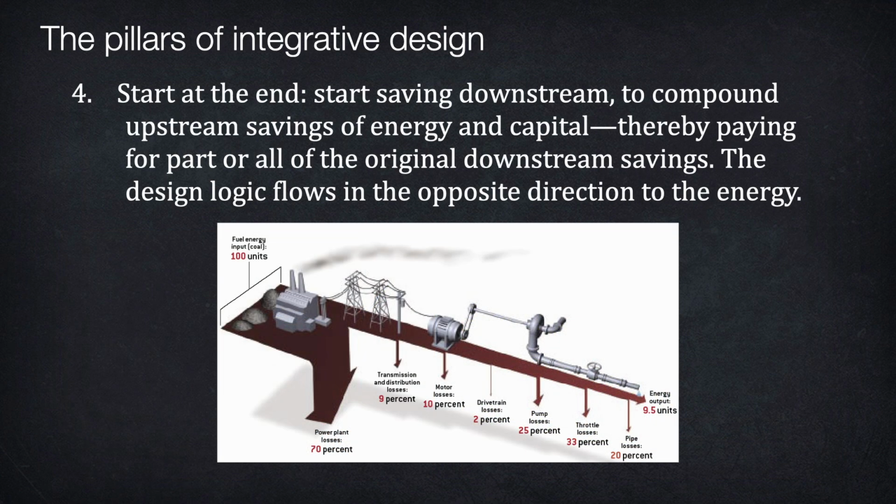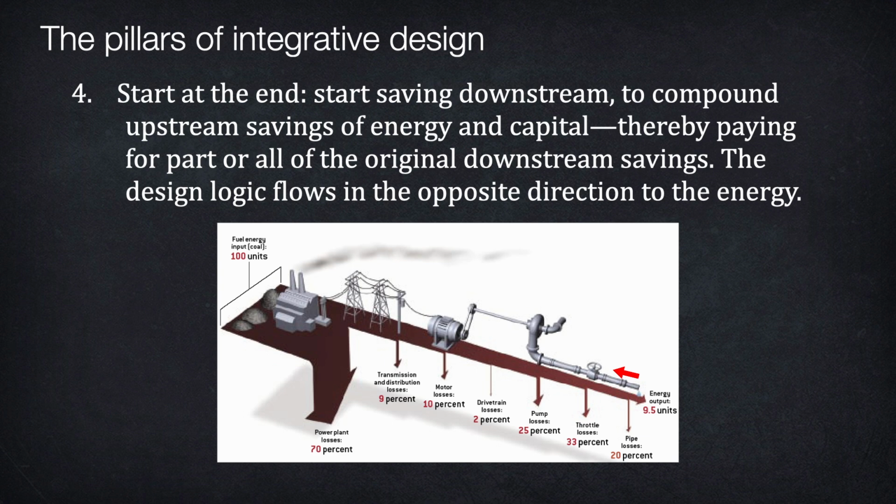Fourth, having started at the end with the desired end use, work backwards or upstream from there. So when you start your savings at the downstream end of a chain of compounding losses, as in this power and pumping system, you reverse those compounding losses into compounding savings going back upstream.